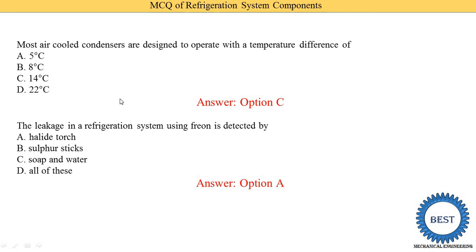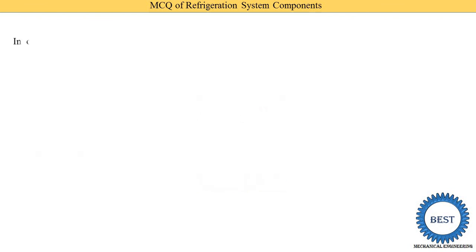So option A is correct. For the freon group we use the halide torch. For some other refrigerants, other methods are available, that is sulfur sticks and soap and water. So these are all leak detection methods, but here it is asked for the freon group. For freon, the halide torch method is used.